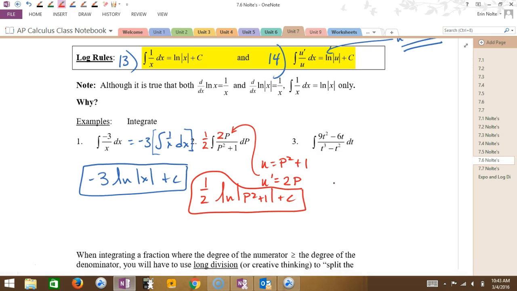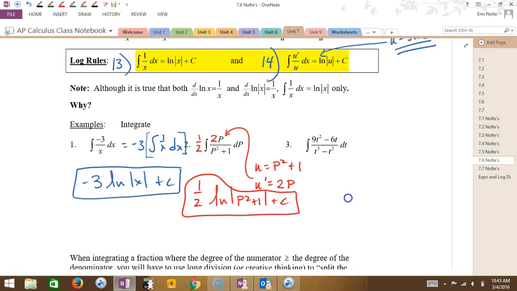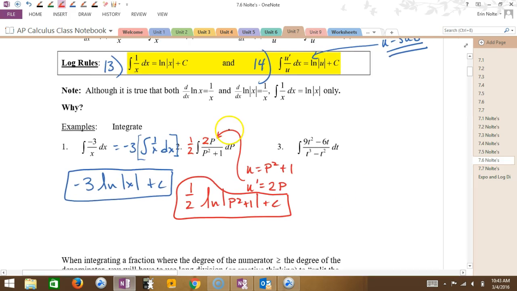How'd it go? Good? Does that make sense? Do you see how the top is my u derivative? If I replace this, this would be the u prime and the bottom would just be u. So see how this is number 14? It's literally written the same.